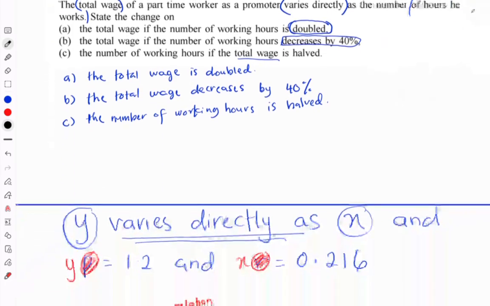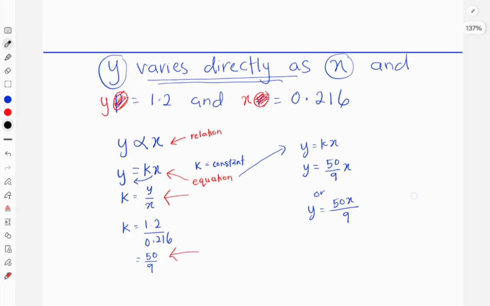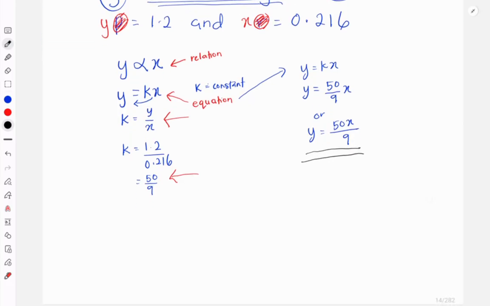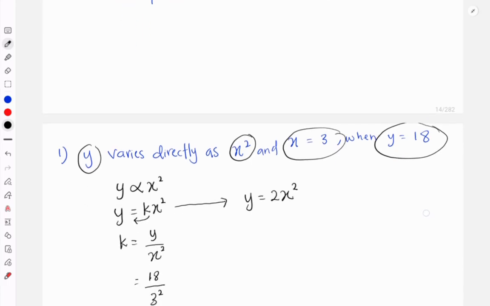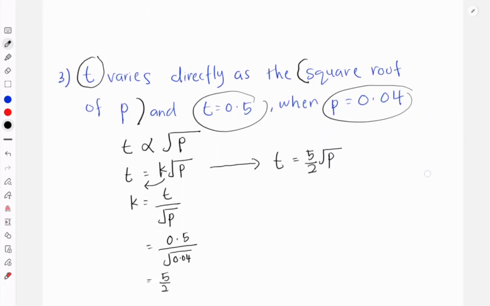Then you learned to write the given relation in relation form, in equation form, and then find the value of k, and write it in equation form with the value of k substituted inside the equation. These are the examples that we discussed, 1 and 2.